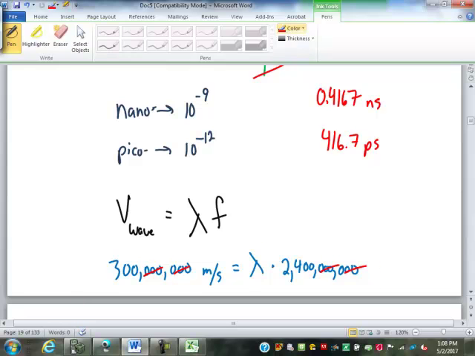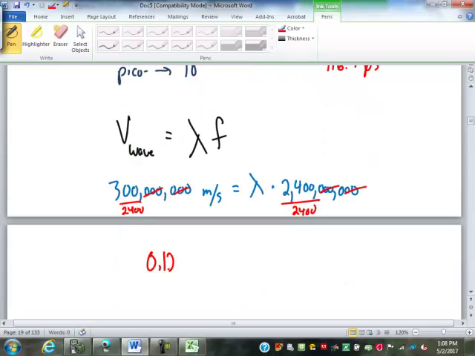So this is 300 divided by 2,400. Gives us a wavelength of 0.125 meters. So at that frequency, that 2.4 gigahertz, you're getting a 0.125 meter, or 12.5 centimeter wave.